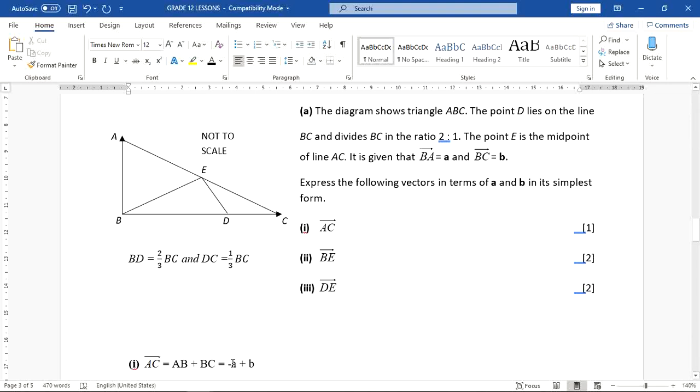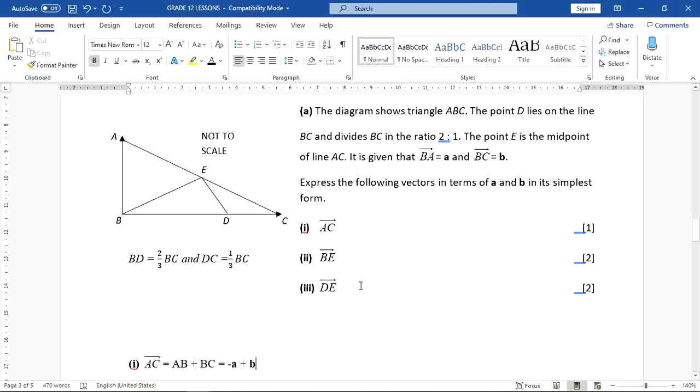We need to highlight that and make them bold. So this is the answer for moving from A to C: you take AB, which is minus of BA, and then we take BC.